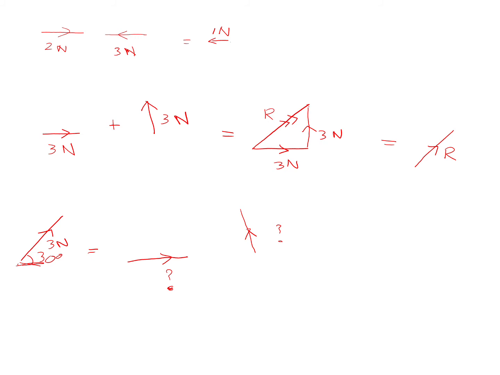The reason is we know if we have multiple vectors along any arbitrary directions, for each of those vectors we can find their horizontal components and vertical components. Some horizontal components may not be in the same direction, they can be in the opposite direction, but we still can add all the horizontal components together, and we add all the vertical components together.